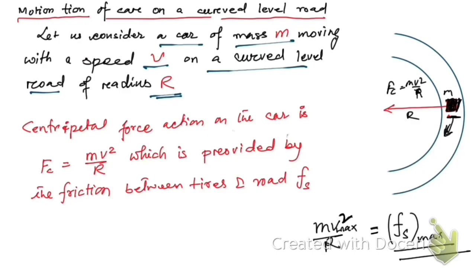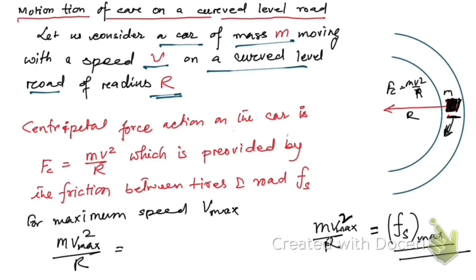Now you see, for maximum speed, v max, this centripetal force m v max square by r will be equal to the limiting friction Fs max, where Fs max is the limiting friction.